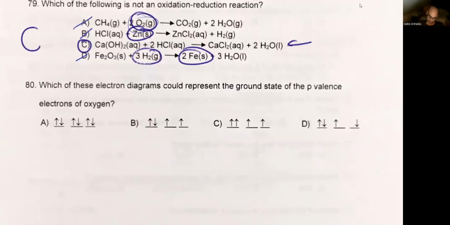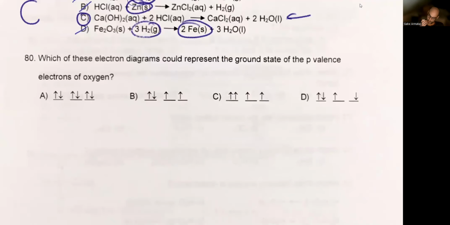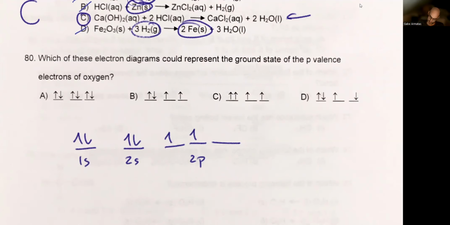And then finally, which of these could represent the ground state of the p-valence electrons of oxygen. Oxygen has 8 electrons, so 1s, 2s, 2p, 1, 2, 3, 4, 5, 6, 7, 8. So that's what it should look like. That's the p.